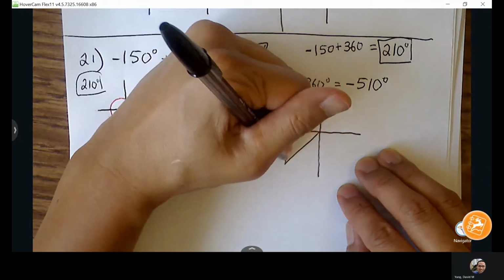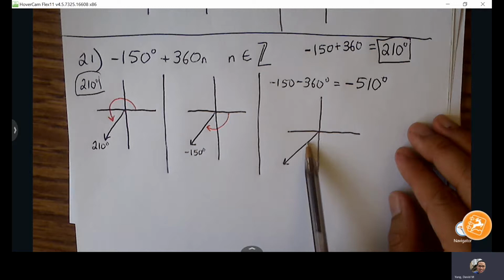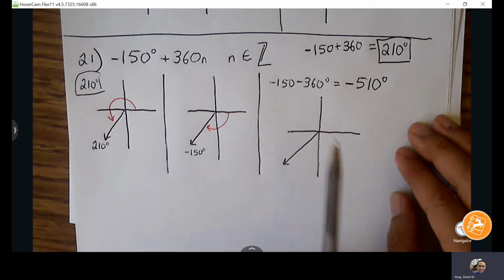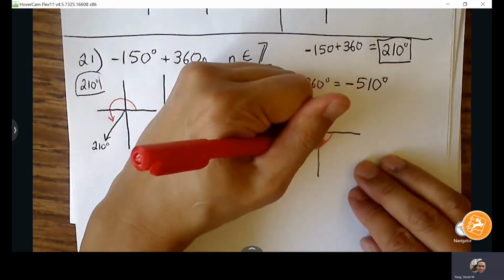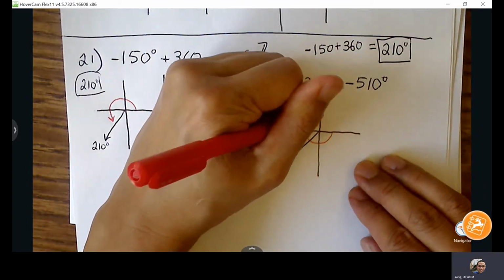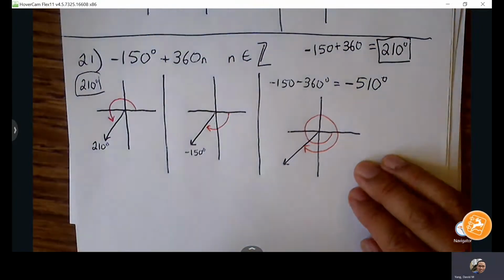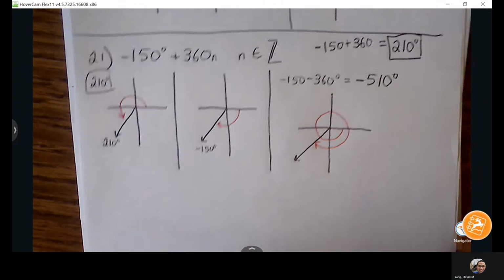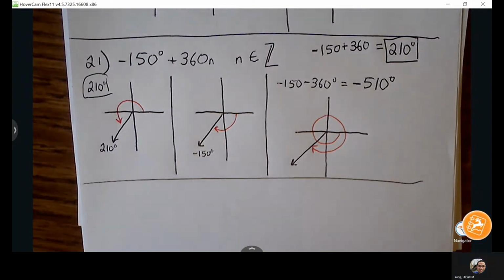It's going to be in that third quadrant. But we know it's going to be negative 150, and then with another full rotation in the negative direction. So start on the initial side, work our way around, and then end up on the same terminal side. Okay, questions with 21.